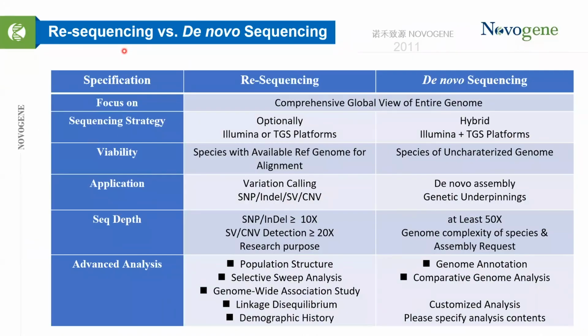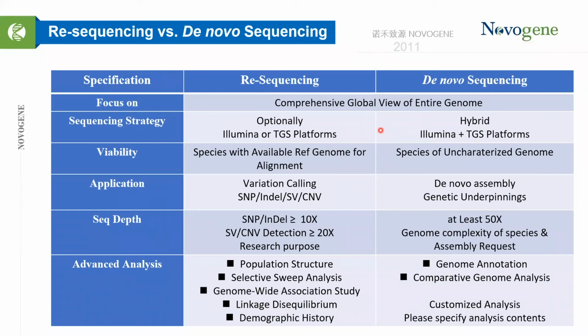At the end, I would like to repeat the resequencing versus de novo sequencing, and both of them are focused on the entire genome and offer a comprehensive global view of it. And the resequencing can optionally be performed on Illumina or third generation sequencing platforms, whereas integrating the long read length and short, highly accurate read sequencing is highly recommended for de novo sequencing.